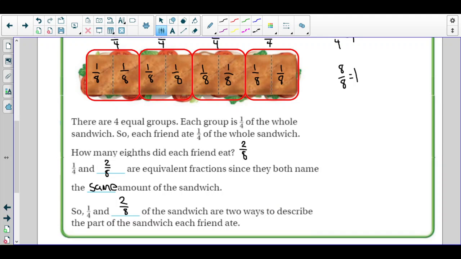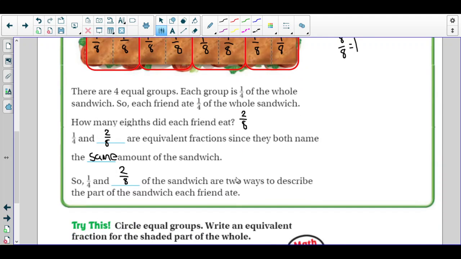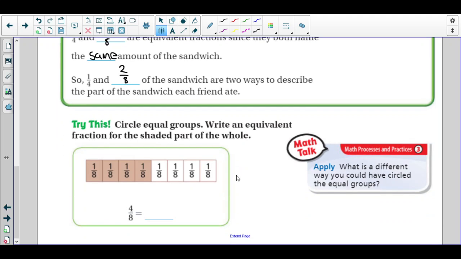All right. Let's look at something down here. Circle the equal groups and write an equivalent fraction. So we've got 1, 2, 3, 4. 1, 2, 3, 4.